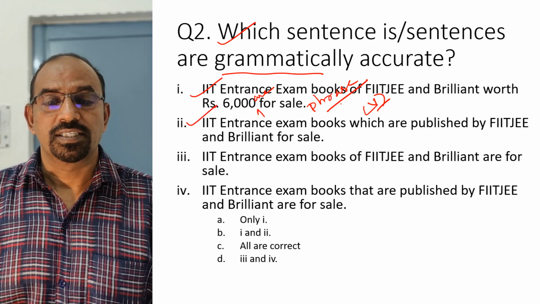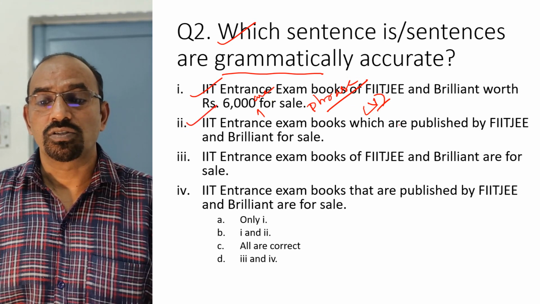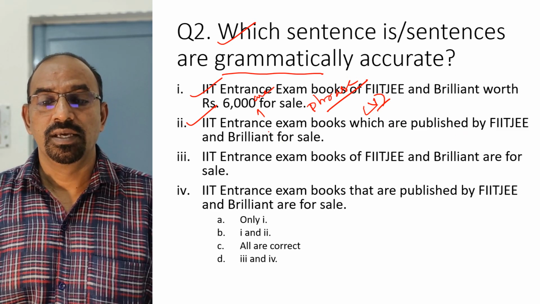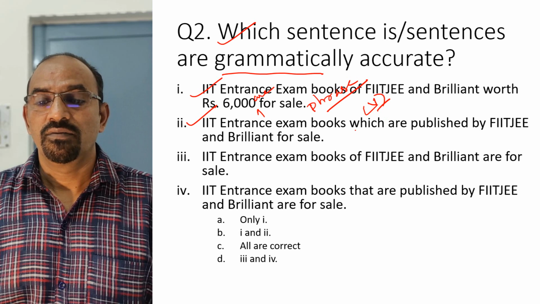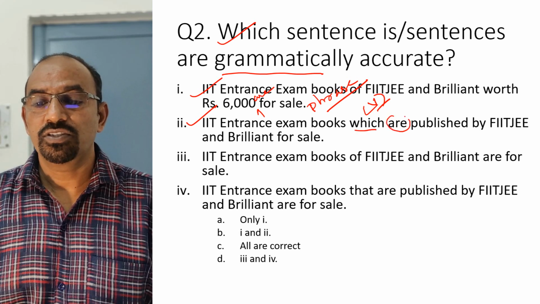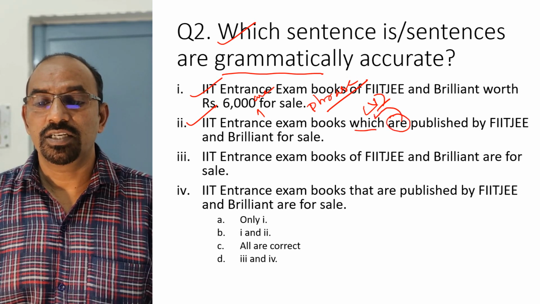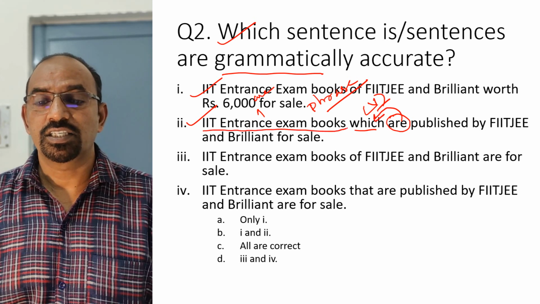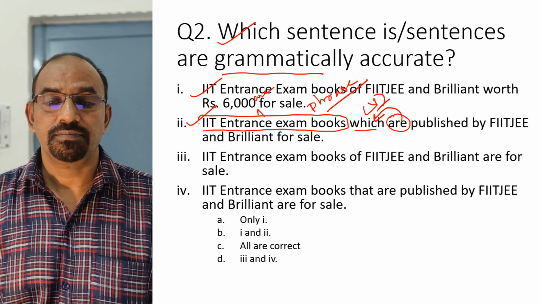Look at the second sentence. IIT entrance exam books which are published by Fiji and Brilliant for sale. Here also, one verb is given here, but that stands for which, but no verb is given for IIT entrance exam books for this subject.